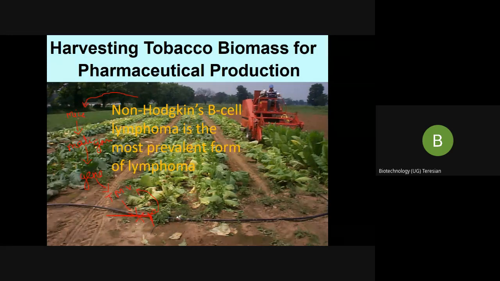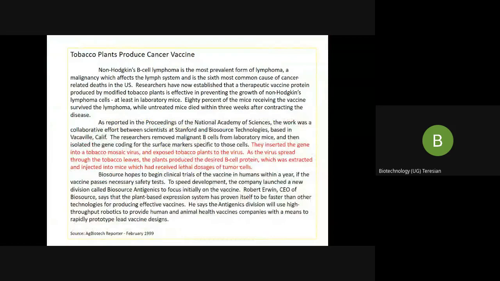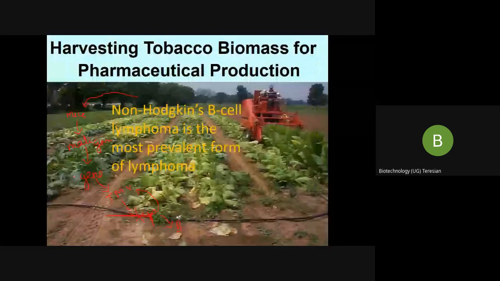Now the scientists have extracted that B cell from this tobacco plant and injected it into the mice.